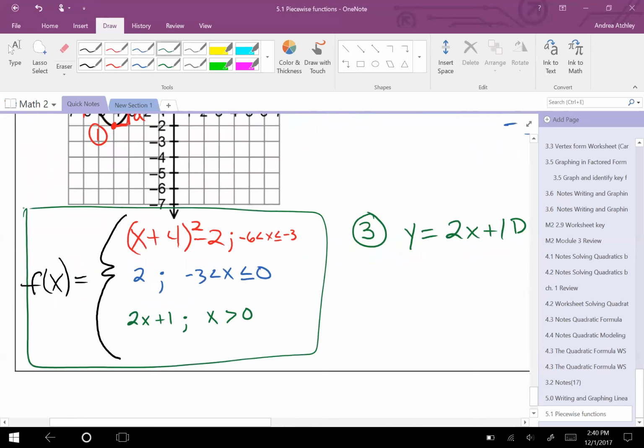Okay, please get out your homework. We're on 5.1. We have these, just explaining what's happening in this graph.